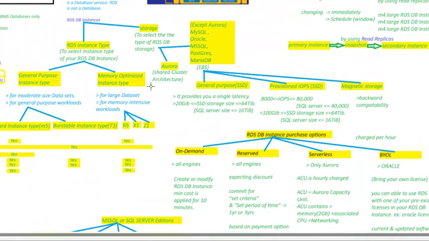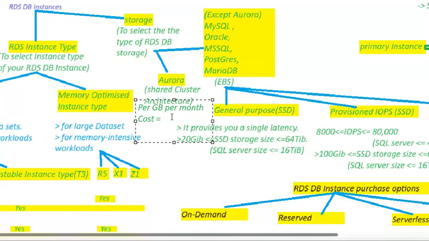Here, our data is stored under clusters. So here, we will be charged per GB per month. How many GB do you store? Per GB per month, we will be charged here.